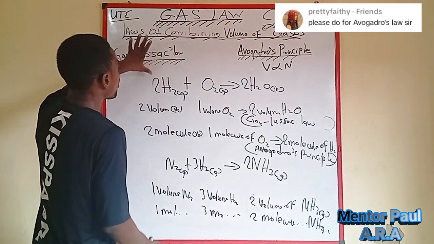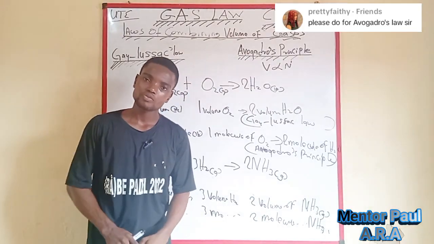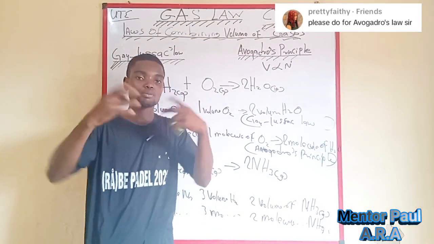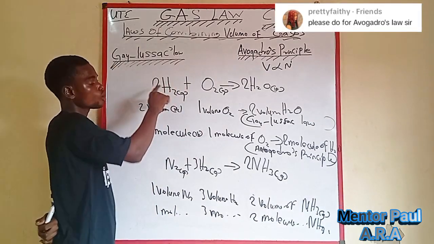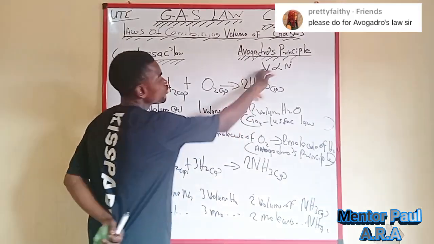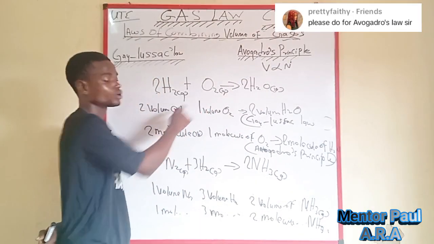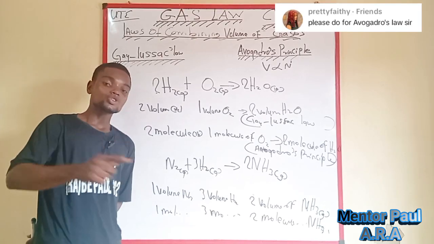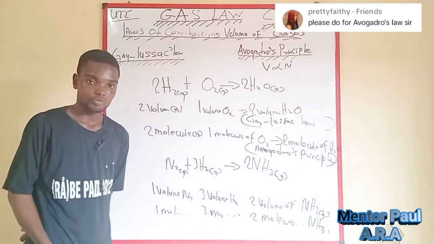Chemical calculation on this Avogadro's principle or Gay-Lussac law is based on direct proportion. For example, you might be given a volume of this gas and you're not given a volume of that gas, and you're given a volume of the product, to be able to find a particular volume of hydrogen. You're going to relate it back to the chemical reaction you may be given.